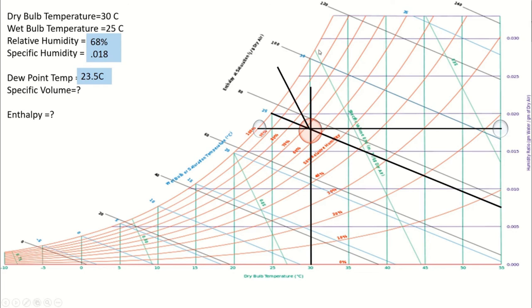So my specific volume is around 0.88 meter cube per gram. Let's find enthalpy. From the point of intersection, I will draw a line parallel to the enthalpy lines towards the scale. Then my line is between 60 and 80, but very near to 80. So my enthalpy is around 75 joules per gram.